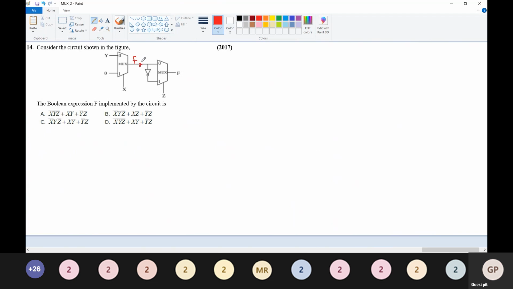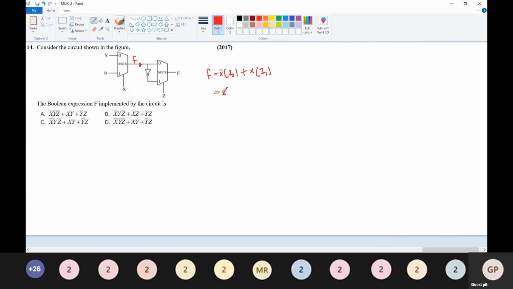The output of the first multiplexer, f, is written as, the selection line here is X. So X dash into I0 plus X into I1.